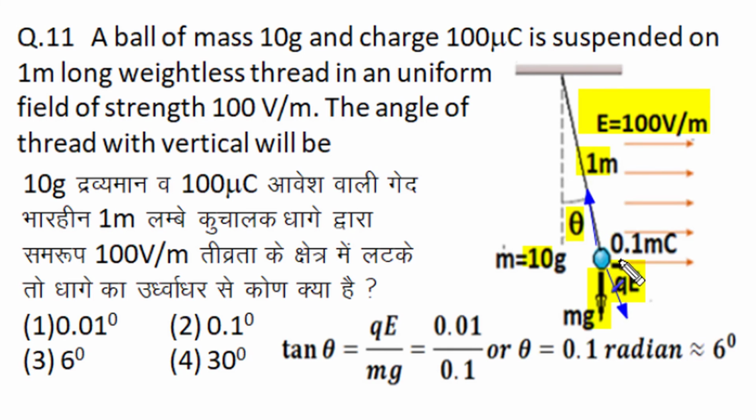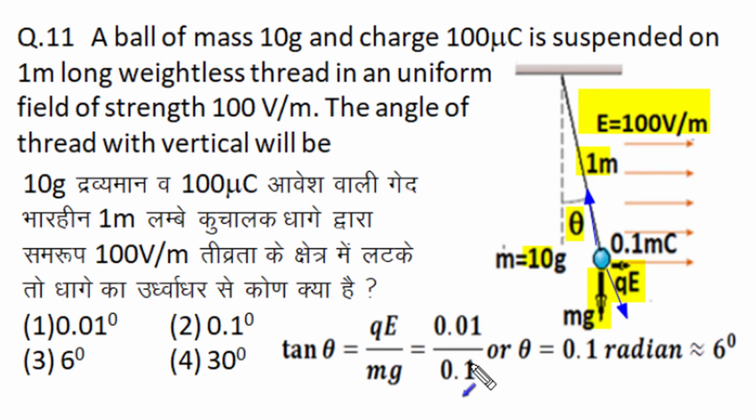Now the equilibrium position of the string will take the theta position. So tan theta here is the ratio of electric force to gravity force, and the electric force on 0.1 millicoulomb or 10 raised to power minus 4 coulomb in a 100 volt per meter electric field is 0.01 Newton.